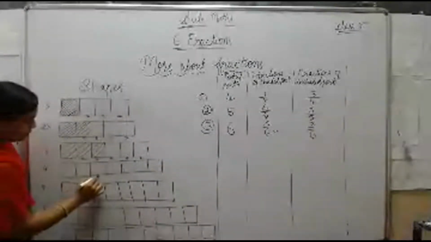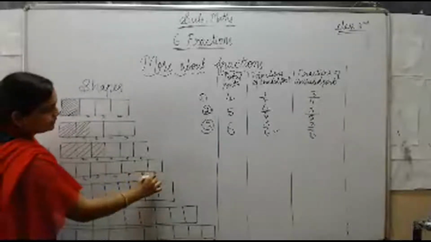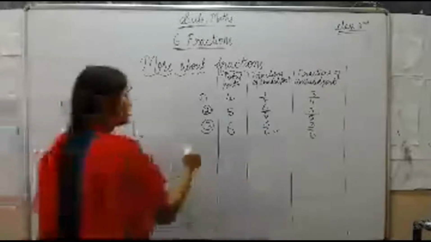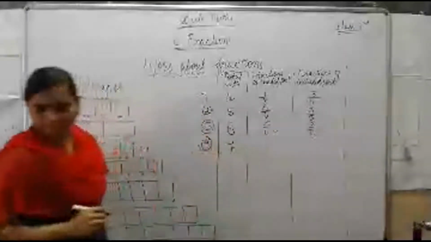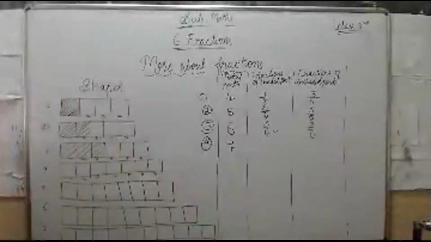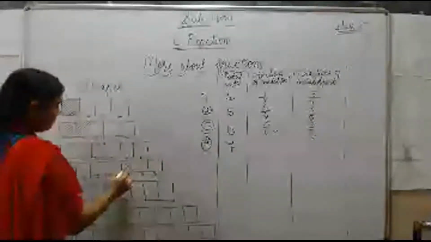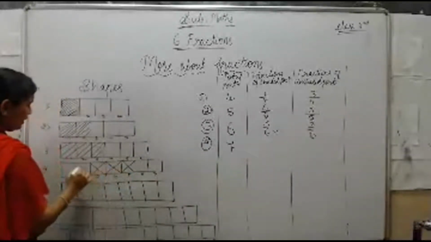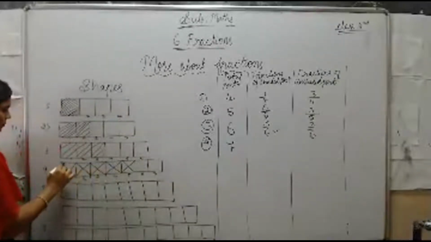1, 2, 3, 4, 5, 6, 7. How many total parts are there? 7. In this 7, I am shading these 5 parts: 1, 2, 3, 4 and 5.